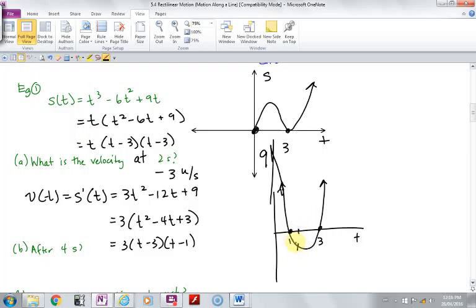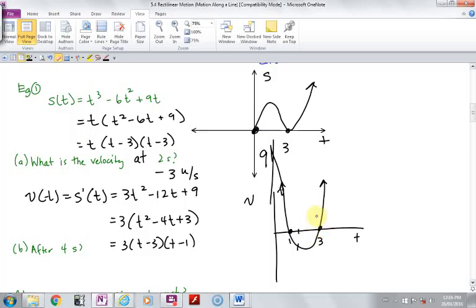And in 2 seconds, you can see I have negative velocity because I'm down below the x-axis. Okay? And at 3 seconds, what's my velocity? 0. And does that make sense? If I compare it to this, the slope there should be 0. And so here the velocity is 0.